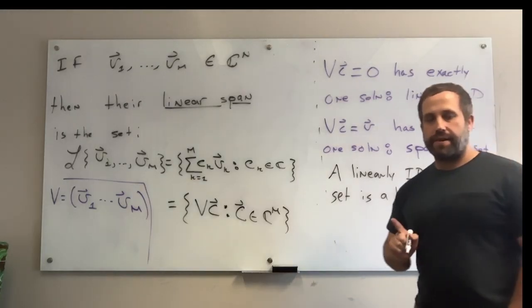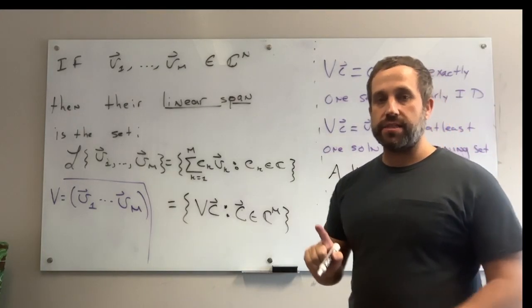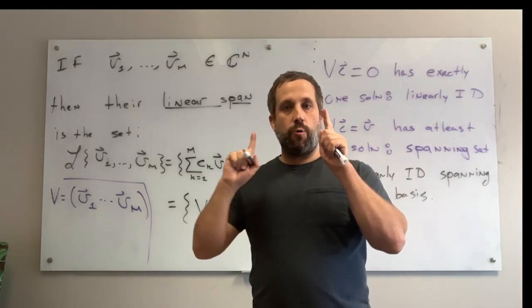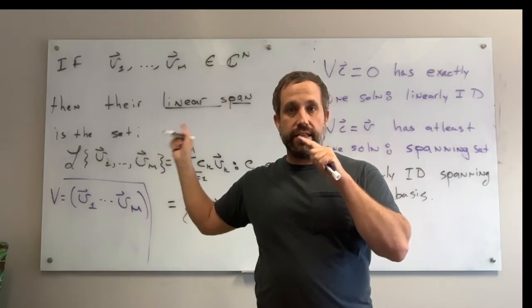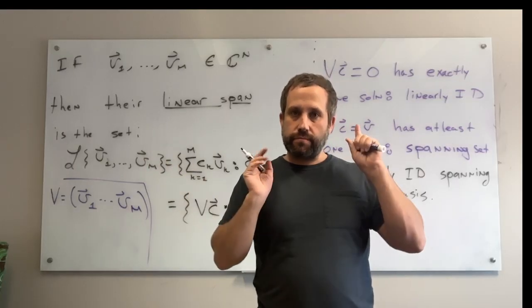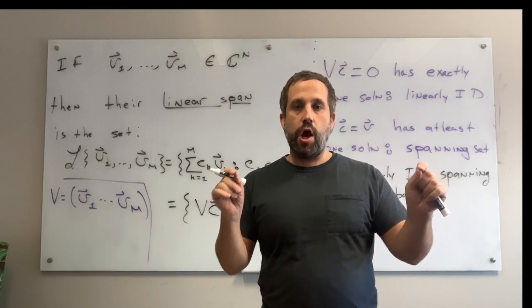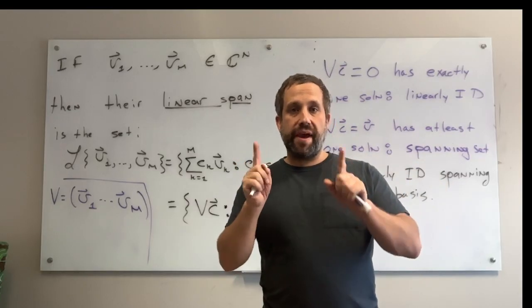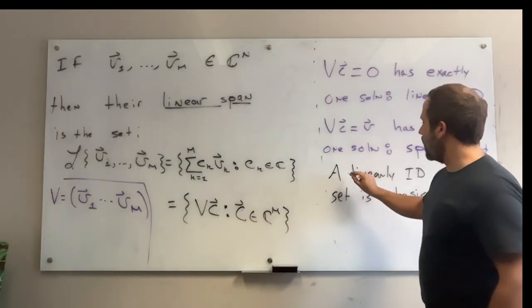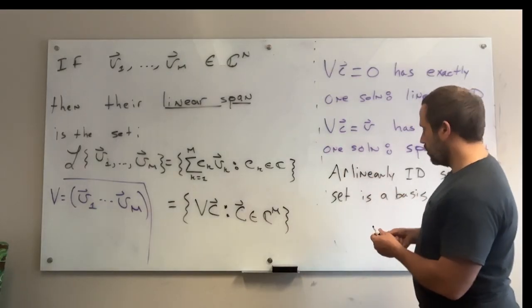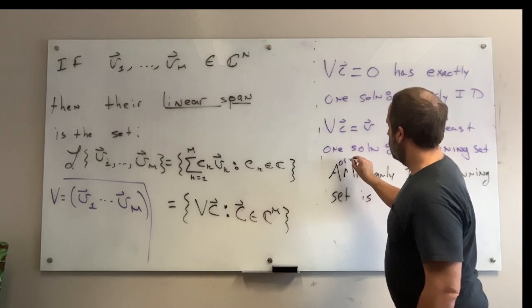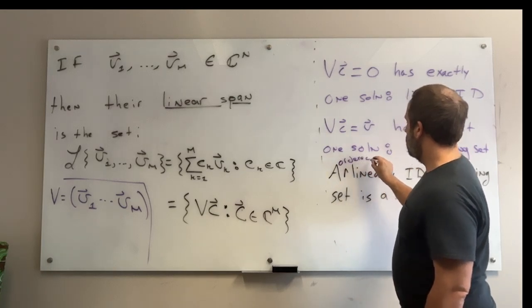A linearly independent spanning set is a basis, but whereas for a linearly independent set of vectors and a spanning set we don't care about an order, for a basis we do care about an order. So it should say an ordered linearly independent set.